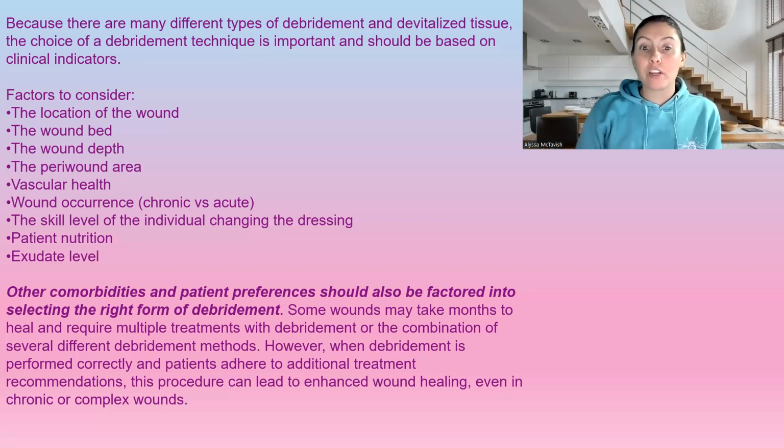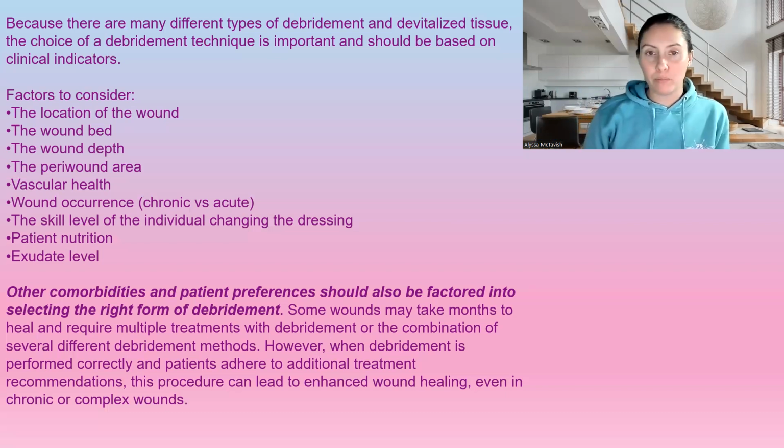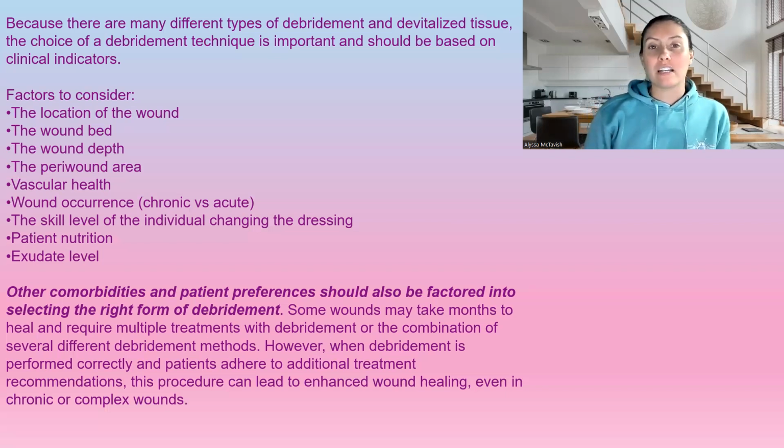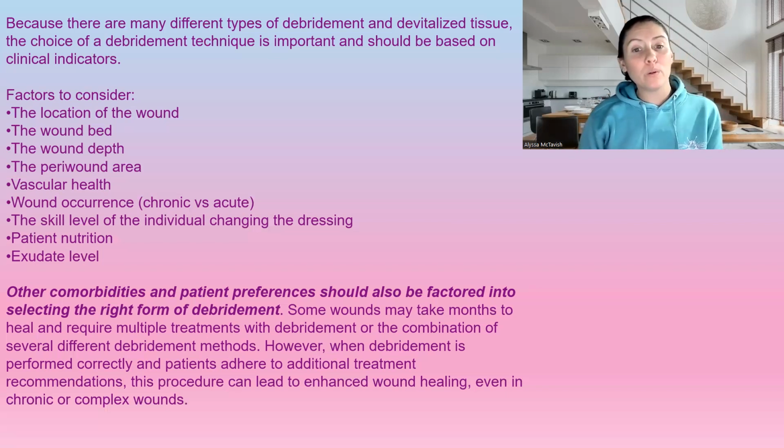Because it'll do more harm than good in wounds that don't have proper blood flow to that area. So sometimes when we have arterial disease or even in diabetics, we have to be super, super cautious removing devitalized tissue. Okay, we want to look, is it a chronic wound? Is it an acute wound?